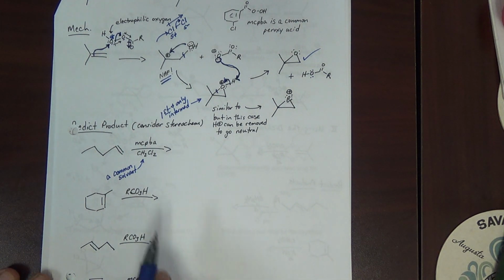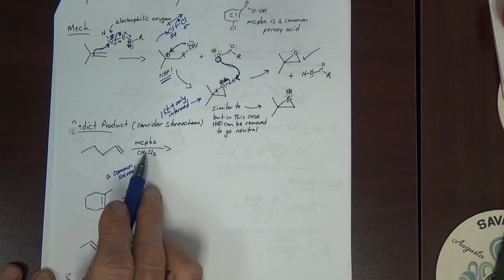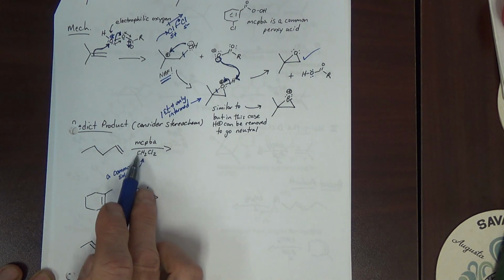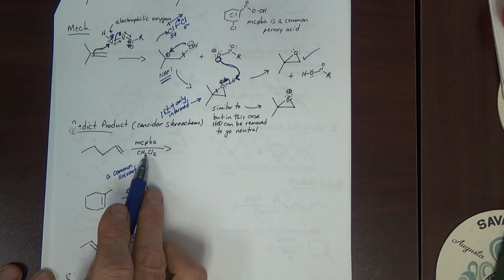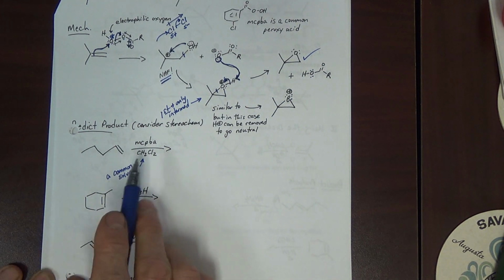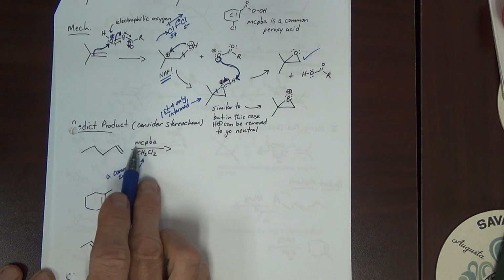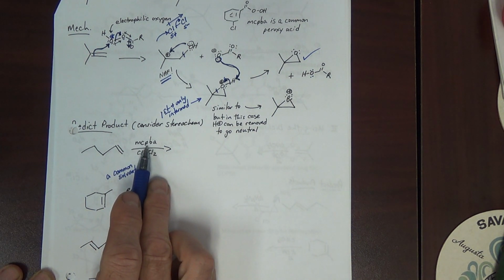You need to be able to recognize a solvent. And in general, most of the time, a solvent will be unreactive. It's just there to dissolve the reactants. So the key reagent or reactant here is the MCPBA. We know that's a common peroxy acid.